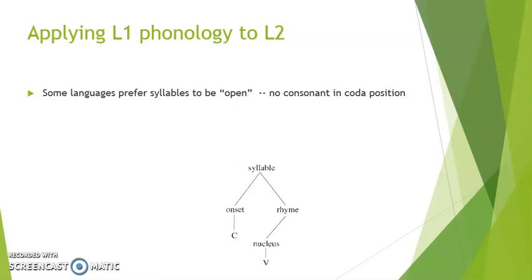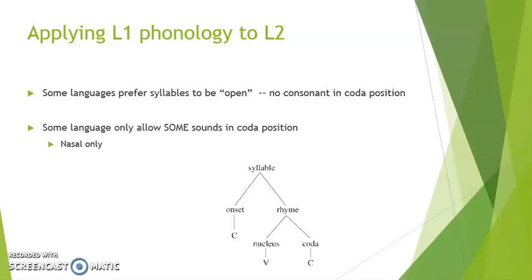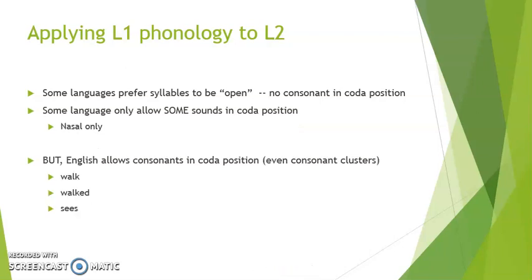But there are also some languages that only allow some sounds in coda position. So generally they prefer open, but some sounds are okay. For instance, maybe nasals. I'm thinking of the word bonsai. The n sound is allowed to be in this coda position. That consonant is allowed to be there, but only nasals, for instance.